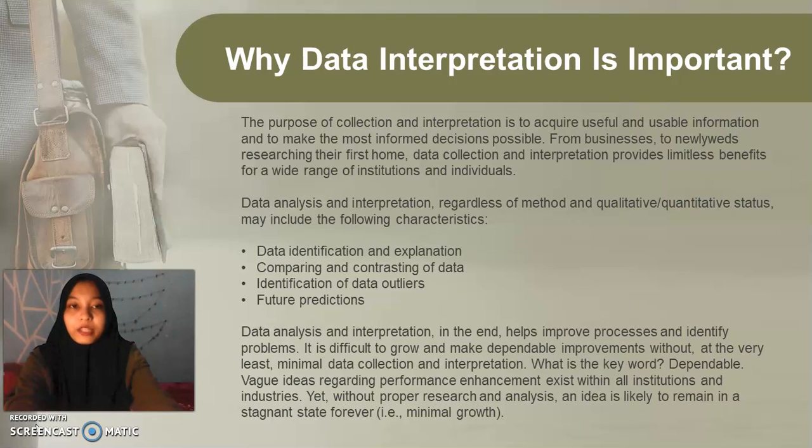Why is data interpretation important? The purpose of collection and interpretation is to acquire useful and usable information to make the most informed decision possible. From businesses to newlyweds researching their first home, data collection and interpretation provide limitless benefits for a wide range of institutions and individuals.